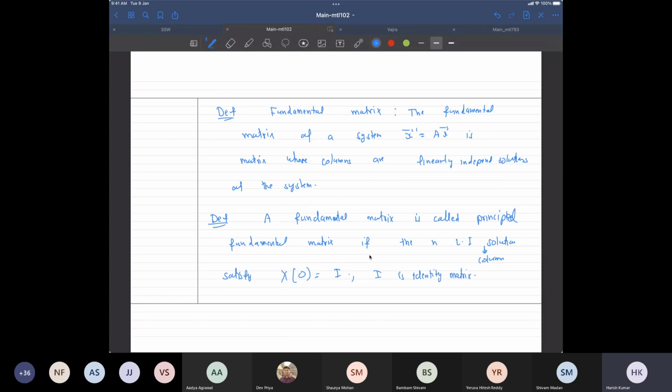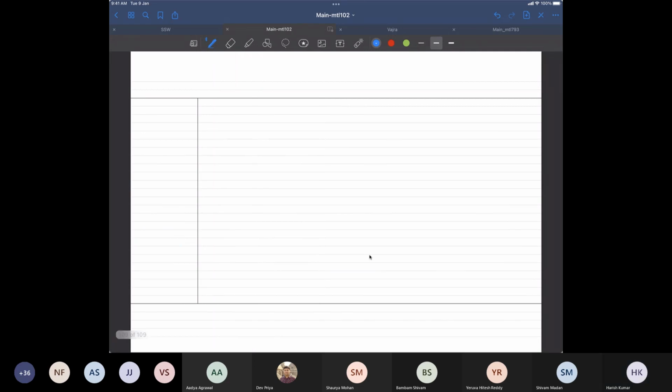So what precisely I mean by this is that once you find one, let's say you found one fundamental matrix, any fundamental matrix, let's call that fundamental matrix capital Y. Of course, the solutions of the system will be then x equal to this matrix Y multiplied with some constant vector C. Agree?